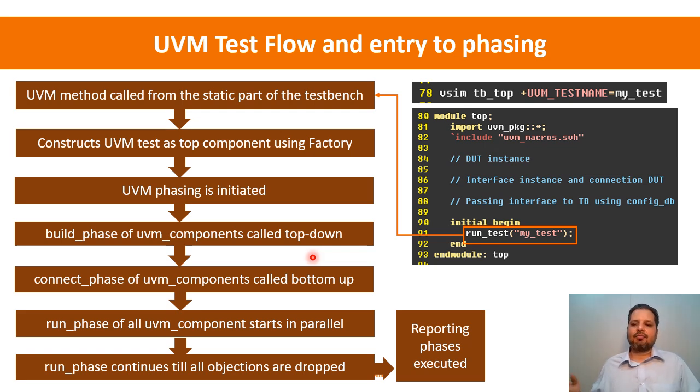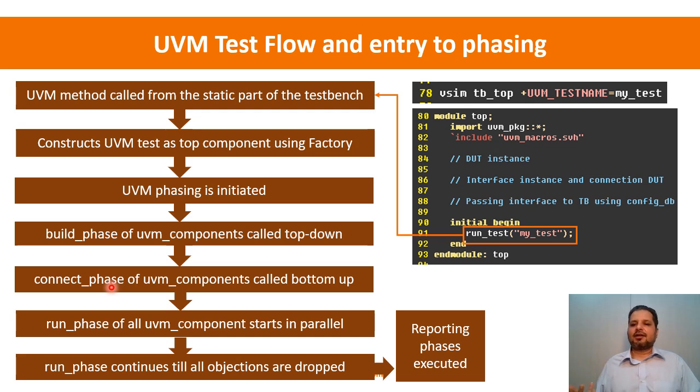Once the build phase executes for the driver and all those leaf level components, there are no more new components created for which build has to be called. So when we come from top down and have finished building all the leaf level nodes, and the phasing engine finds that there are no new objects derived from the component hierarchy, the phasing moves from the build phase to the connect phase. In the connect phase, a similar process is executed, which executes bottom up.